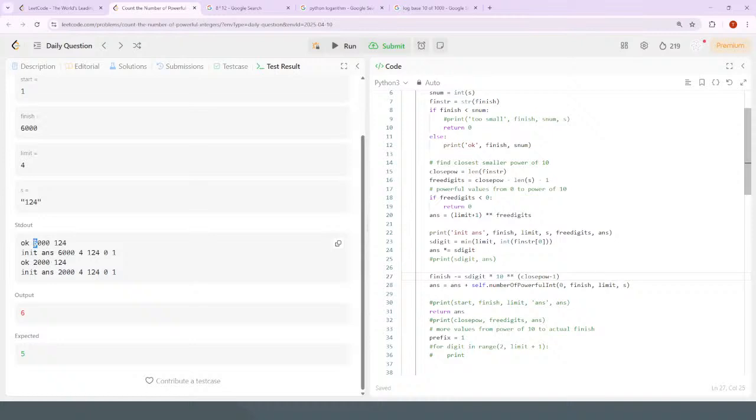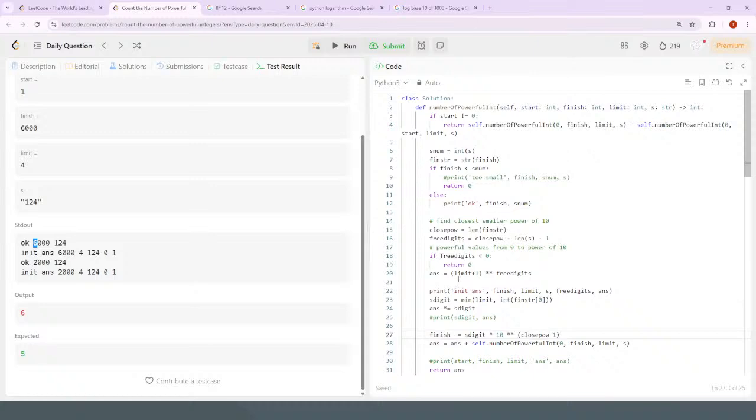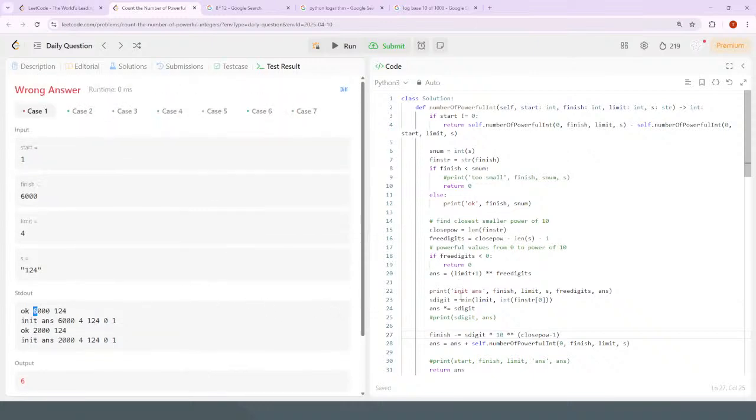So it should be subtracting out 6,000, and I should be dealing with 0, I guess. So finish, I feel like that's correct. It should be subtracting out the biggest power of 10. That just removes that first digit.